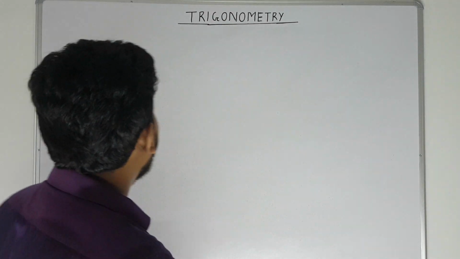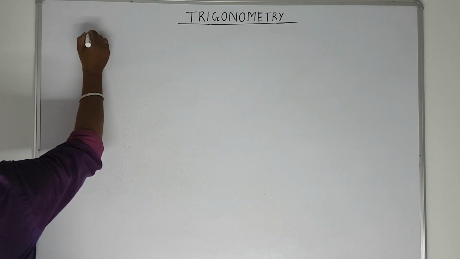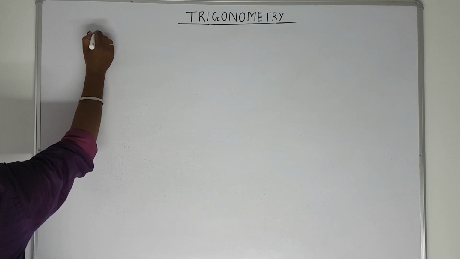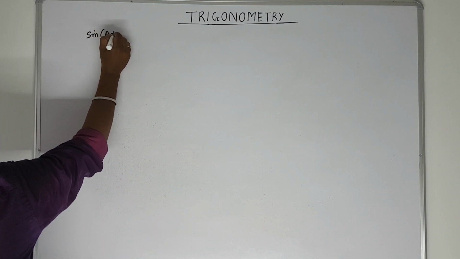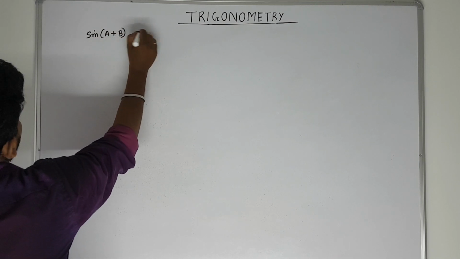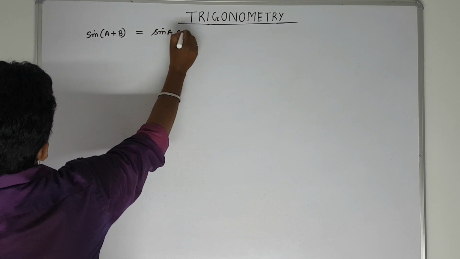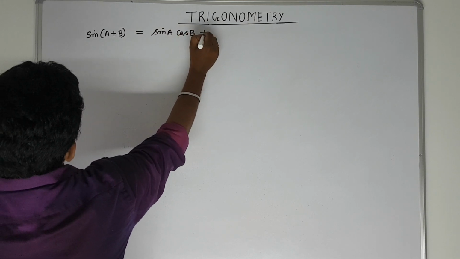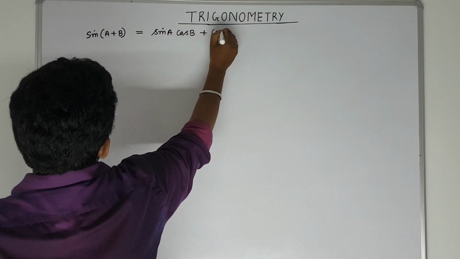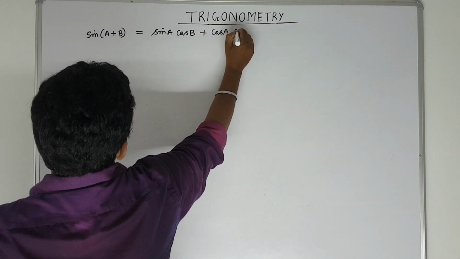So your first formula is sine of a plus b is equal to sine a cos b plus cos a sin b.